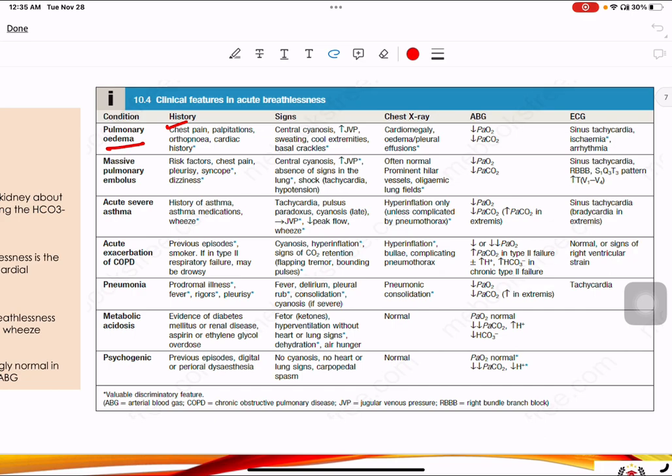So that is the S1Q3T3 pattern, and there may be ST changes from V1 to V4. So that is the ECG picture of massive pulmonary embolus.